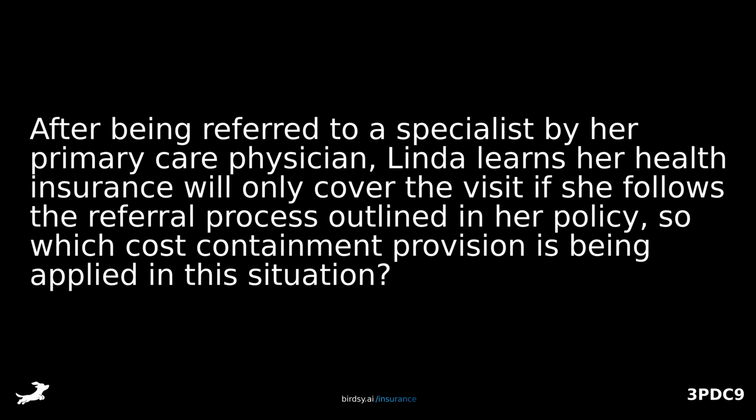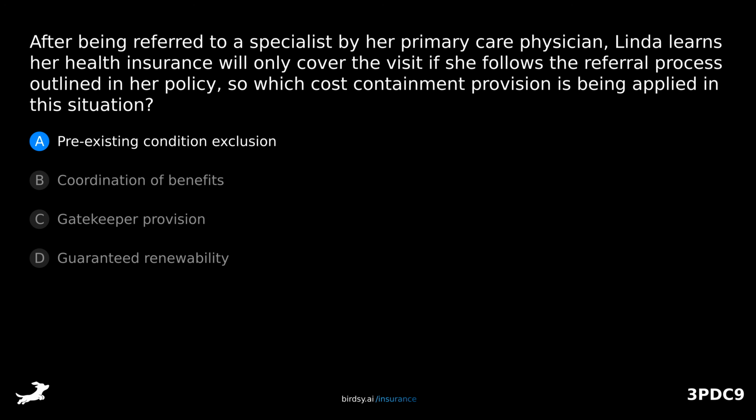After being referred to a specialist by her primary care physician, Linda learns her health insurance will only cover the visit if she follows the referral process outlined in her policy. So which cost containment provision is being applied in this situation? Is it A, pre-existing condition exclusion, B, coordination of benefits, C, gatekeeper provision, or D, guaranteed renewability?